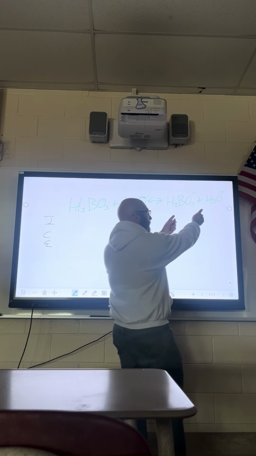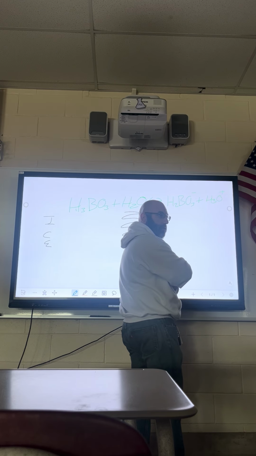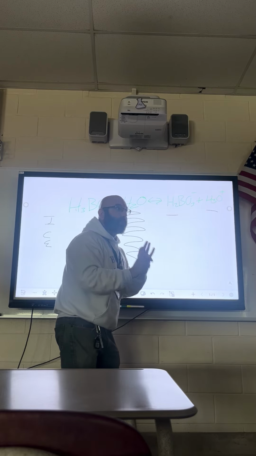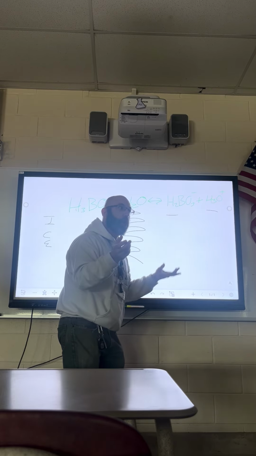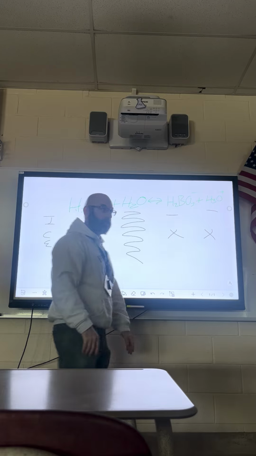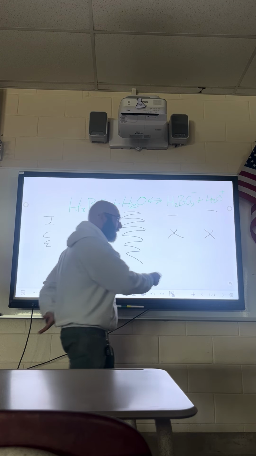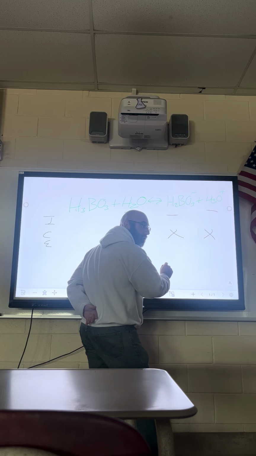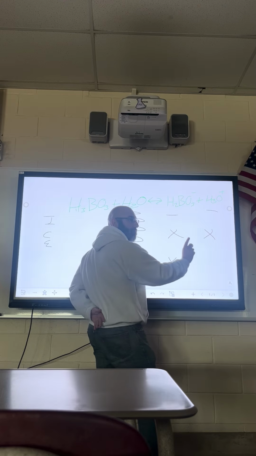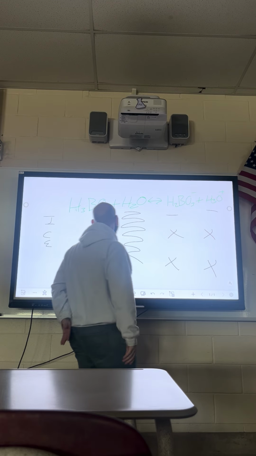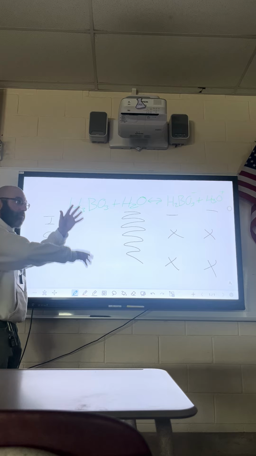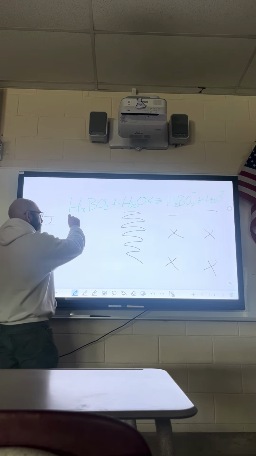What do these two things have to start off as? 0. They both have to go up by the same amount. Let's just call it X. At equilibrium, they're adding, so they're both going to be just X.